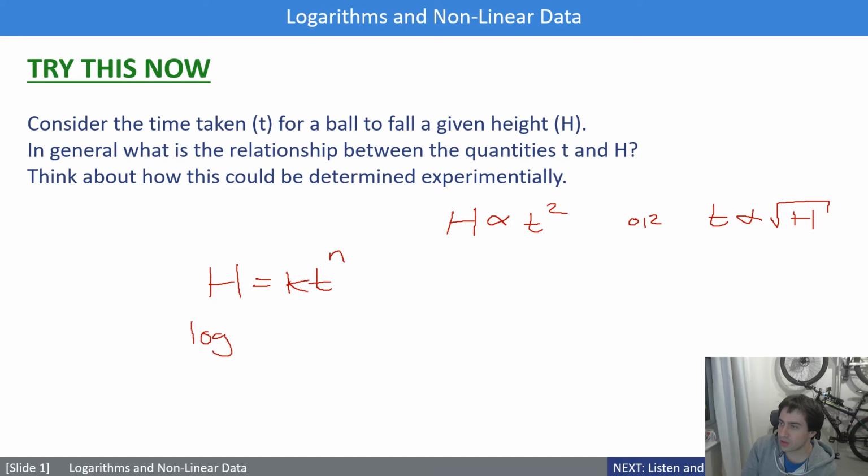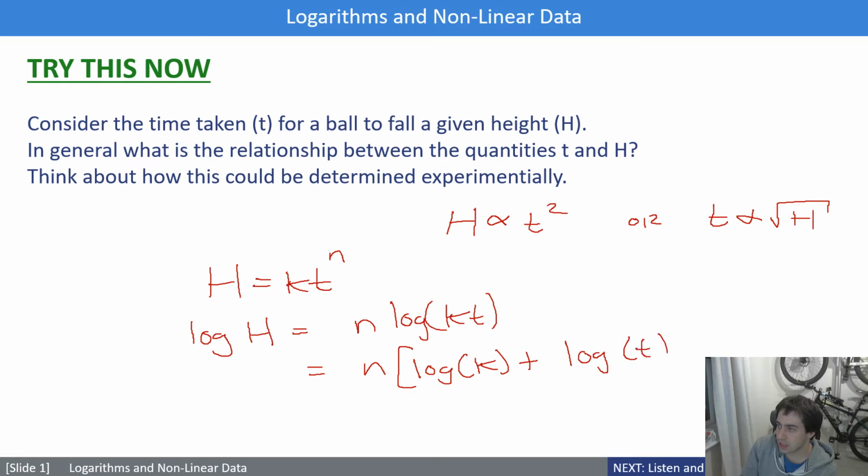Then you can do your coding, right? So you can say log h equals n of log kt equals n of log k plus log t, and so on. I won't finish it off now because we're going to look at that again in a moment.